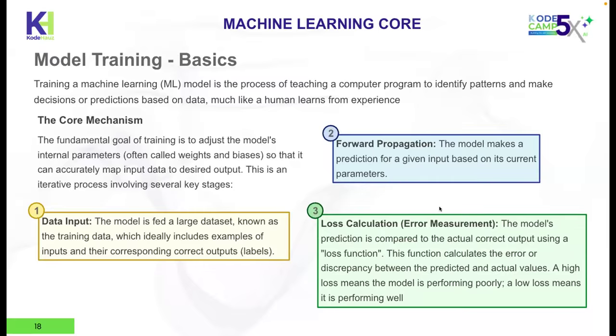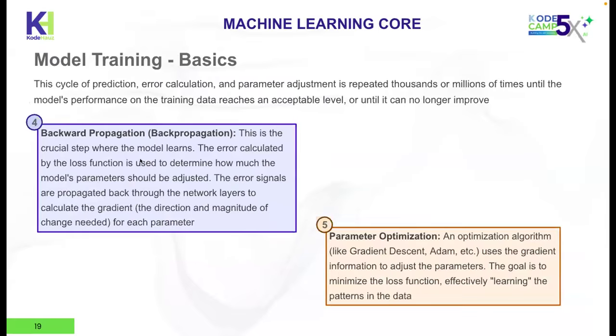So when you calculate that loss, the next thing you do is what we call backward propagation, backprop. You hear backprop, backprop. That backward propagation is the most important step in training, because that is where the training actually happens.